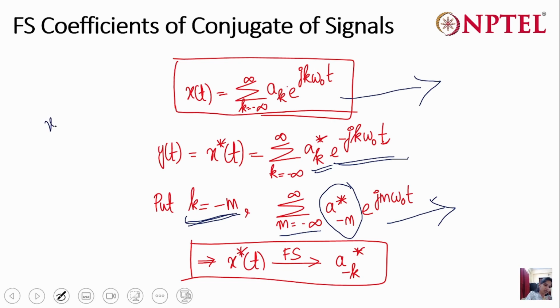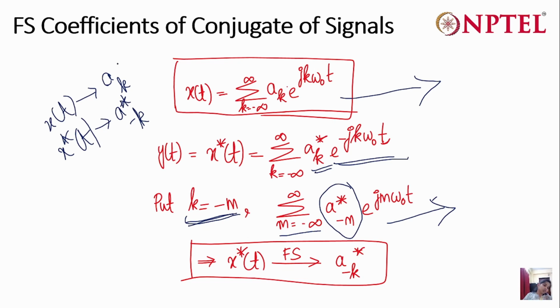So for x of t, it is ak. For x conjugate of t, we find it to be a minus k conjugate. So there's a conjugate and there is an inverse, so it's a minus k conjugate.